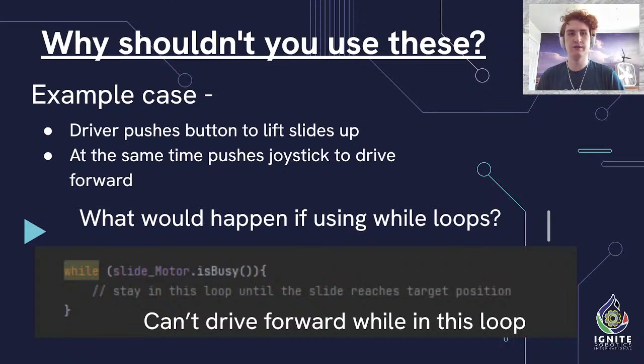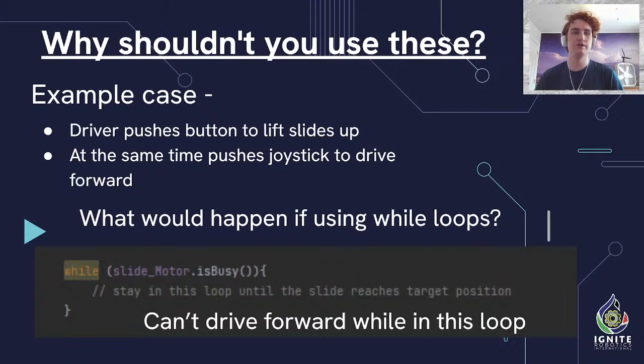But there are some issues. Specifically, only doing one thing at a time does mean that your code is slow because you're not able to parallelize anything. Like you can't lift your slides while doing anything else. If you're trying to lift your slides and drive somewhere, you can't do that.